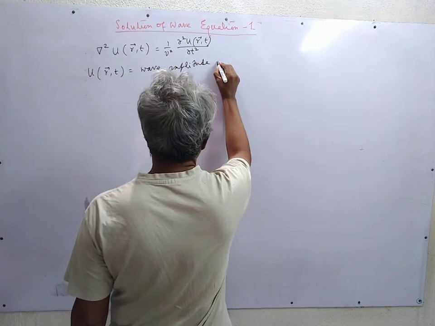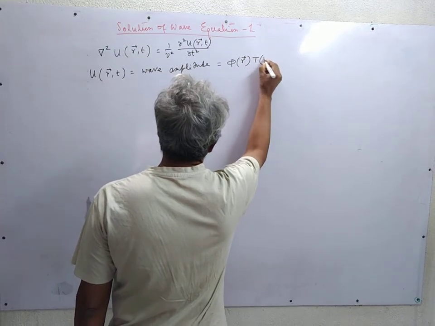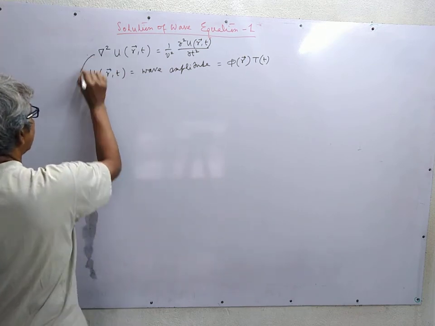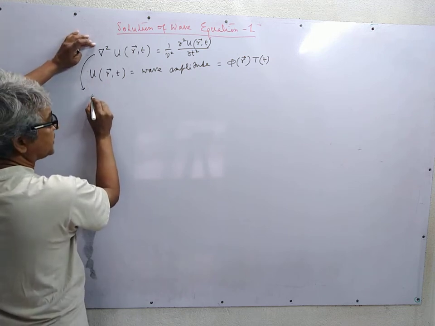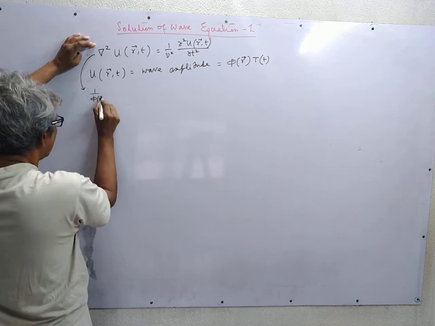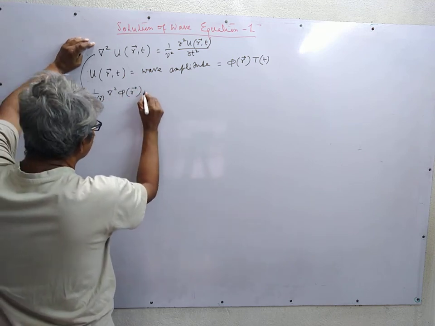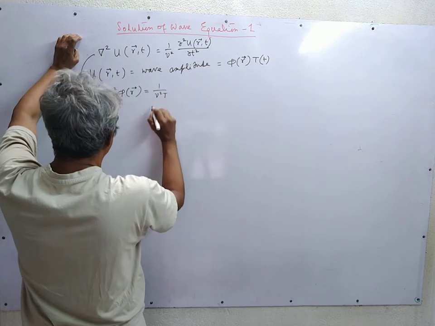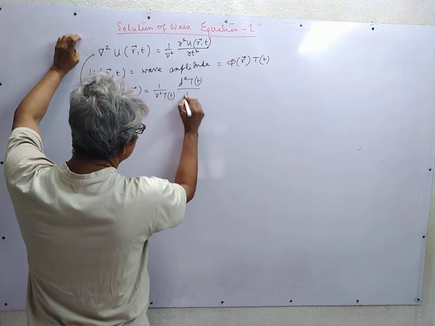So using separation of variable technique, we write it as phi of r and T of t, and if we substitute this equation, for non-trivial solution, we get 1 by phi of r, nabla squared operating on phi of r on the left hand side, and on the right hand side we have 1 by v square, 1 by T of t, d2T dt2.